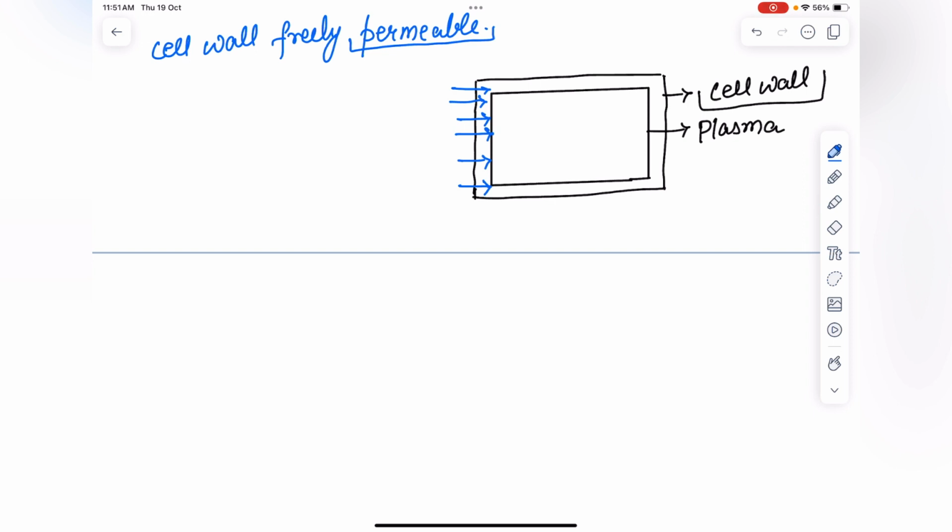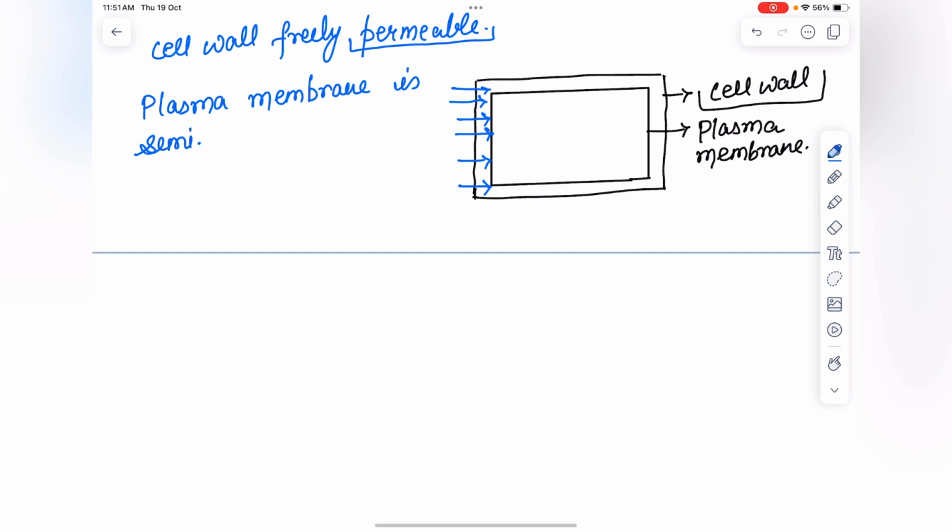But the plasma membrane is semi-permeable. Semi-permeable means selective things will enter through the membrane, like water, and some solutes such as sodium and potassium.